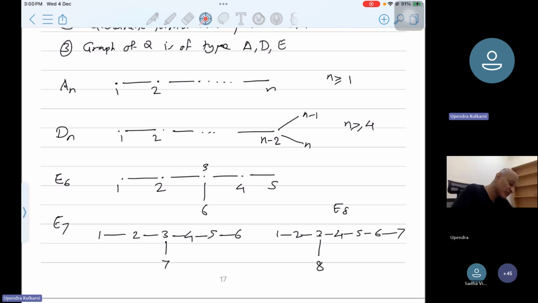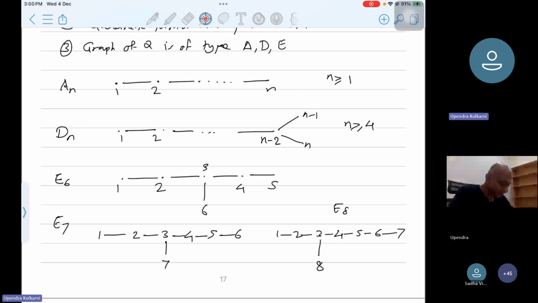Because if the form were positive semi-definite, then I can regard, for example, this AN as a sub-diagram of AN tilde. But I know that any vector for which Q vanishes must have its support on all vertices, in particular the vertex n plus 1, which will contradict my assumption that AN is positive semi-definite.